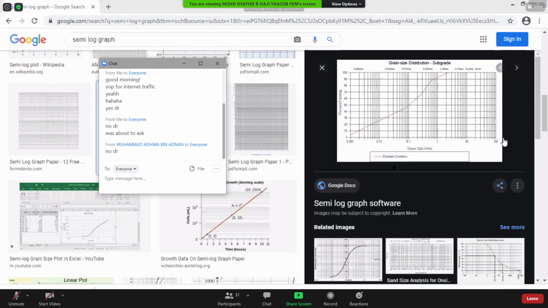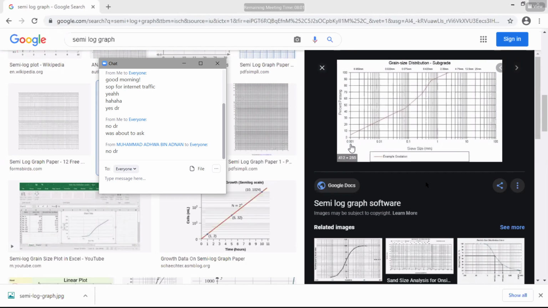On the horizontal axis, there is 0.001, there is 0.01, there's 0.1, there's 1, there's 10, there's 100.